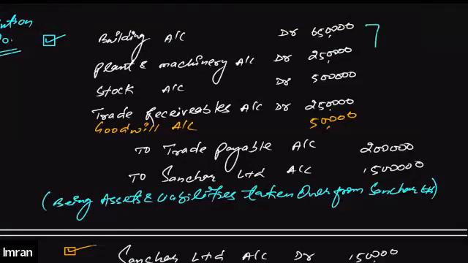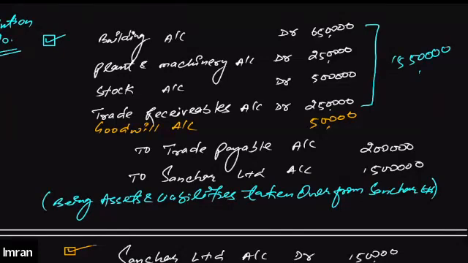You can see that the debit totaling the asset, we will get 650 plus 250, 7 plus 9, 13 plus 2, 15 lakh 50,000. And in the credit part, the sum total of the credit is 15 plus 2, 17.